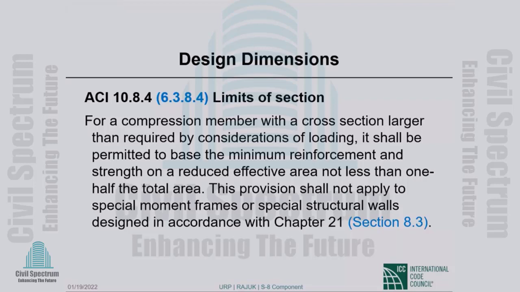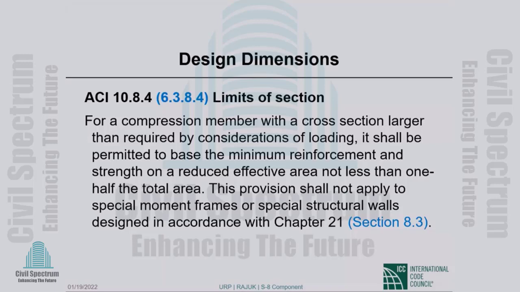Okay, so again, the English when you read it is not the clearest. What it is saying is this: in a column you cannot place reinforcement less than 1% of the gross cross sectional area. 1% reinforcement is the minimum.